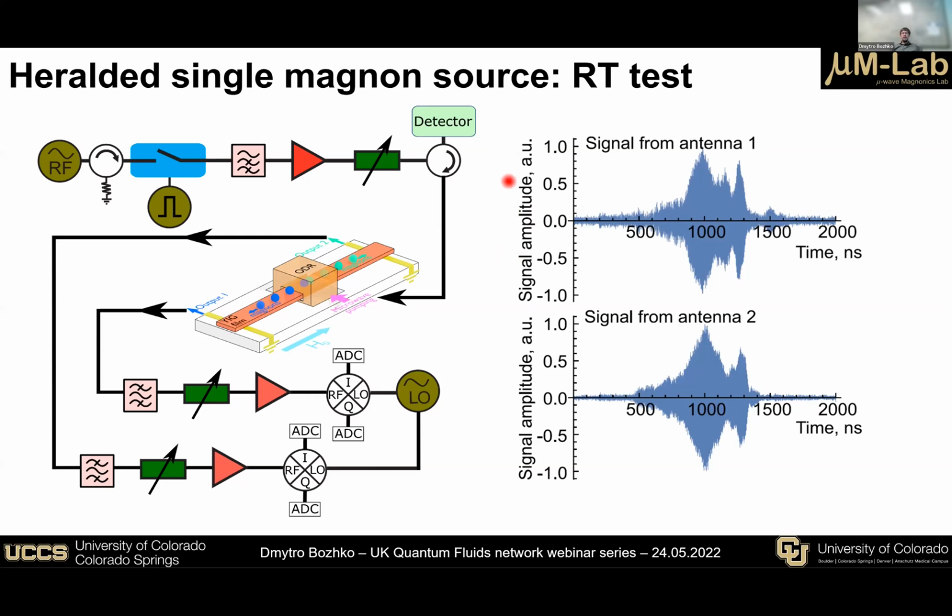But what you can see is that the detected signals quite resemble each other, and I should stress that these two signals are detected in a single shot experiment. So every single realization of this process is different, because every process starts from the generation from one pumping photon of two magnons, and then these two magnons start to be coherently amplified by the same pumping pulse, which is still applied to the pumping area.